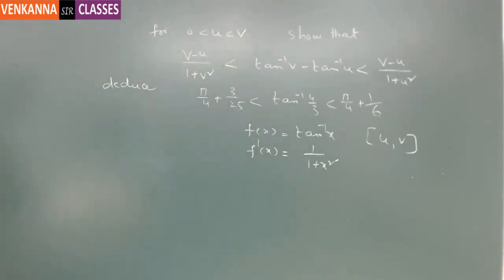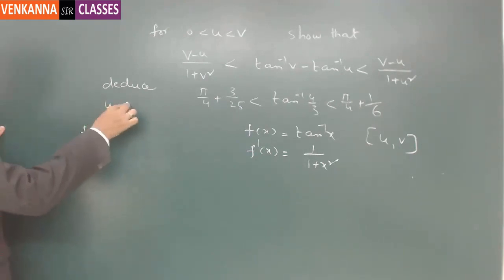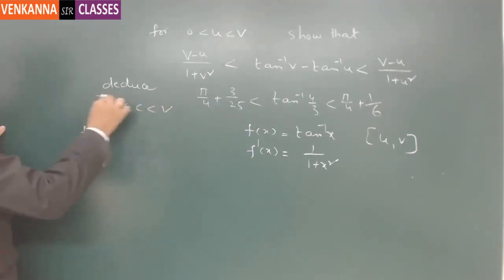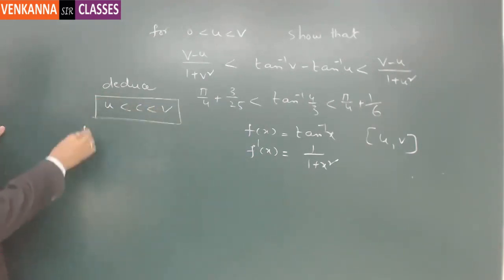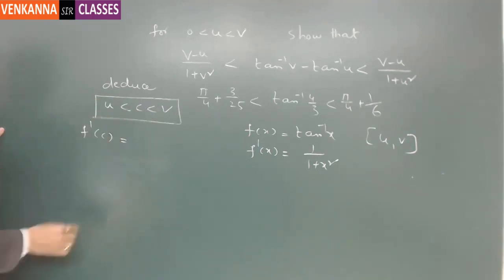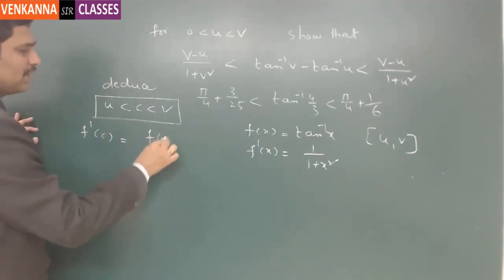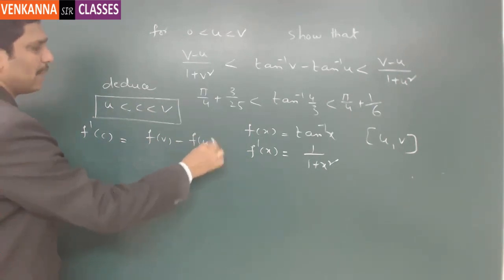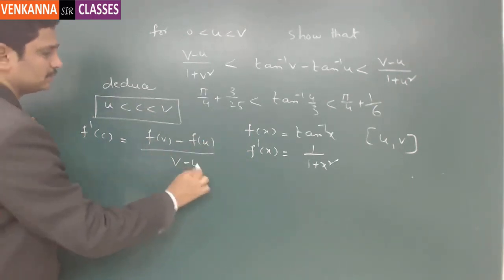So obviously f is continuous and differentiable on the interval, hence you can apply Lagrange's mean value theorem. So from that you can say there exists a point C lying between u and v such that f dash of C is equal to f of v minus f of u by v minus u.